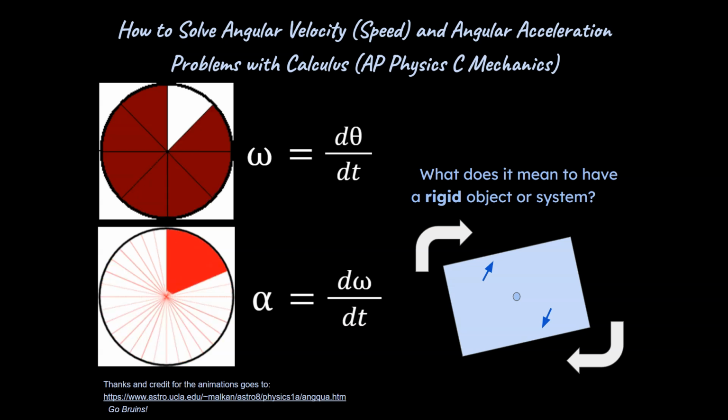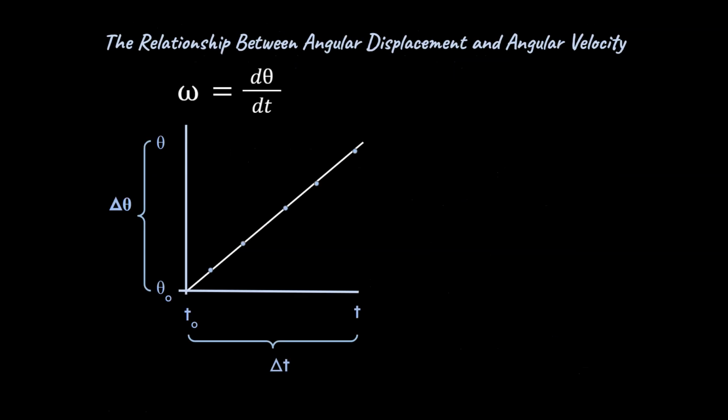Let's go ahead and talk through a couple other things. So the first thing to talk about is, of course, you can graph this just like you could graph a position versus time graph. You can graph a theta versus time graph. And we can think of this as the slope, right? The slope at any given point, the instantaneous slope at any given point, or value for t, you can solve for that omega value.